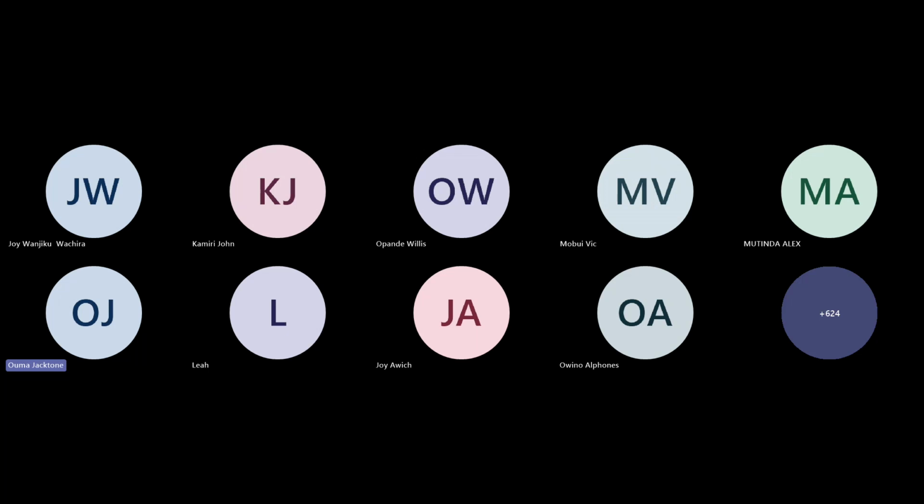PAYE, CGT, stamp duty, excise, VAT, export, import, customs, corporate. There are so many types of taxes that you have. So if you're given a scenario, for instance, you'll be told that this is a company, okay? Therefore, you need to know taxes that are applicable to companies alone. So that is the question of the categories and types of taxes that we have.